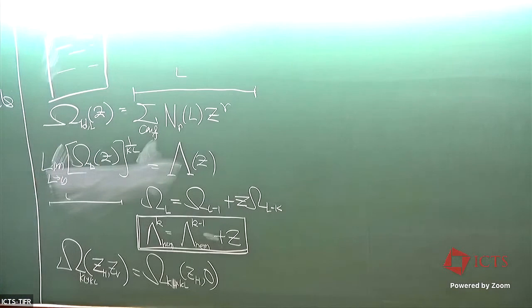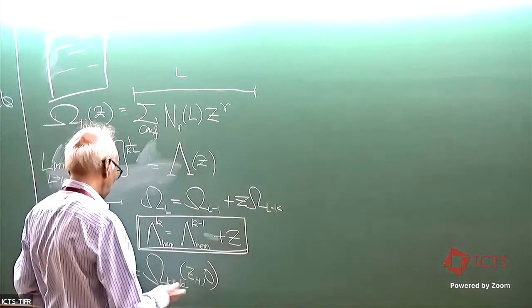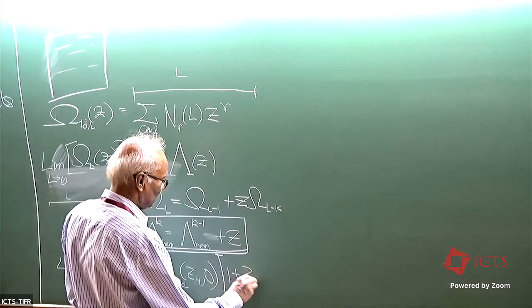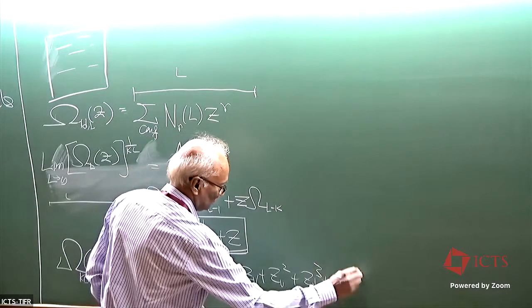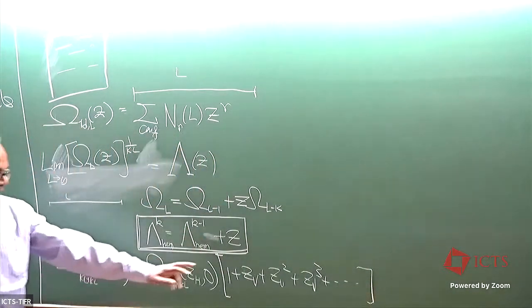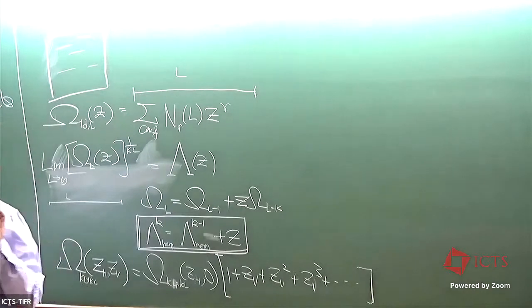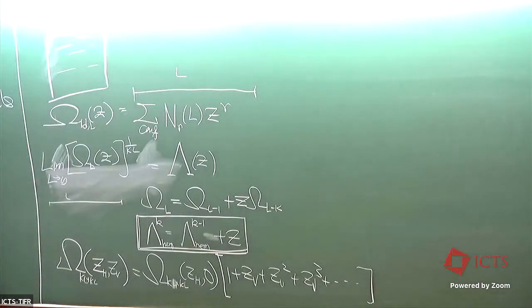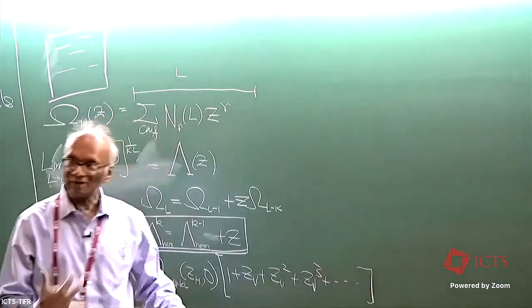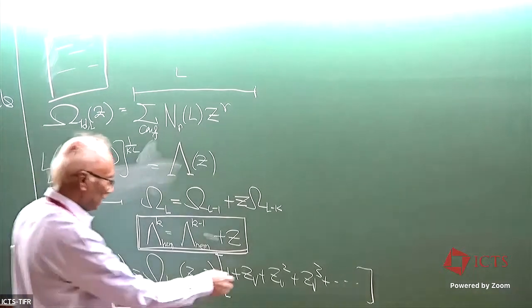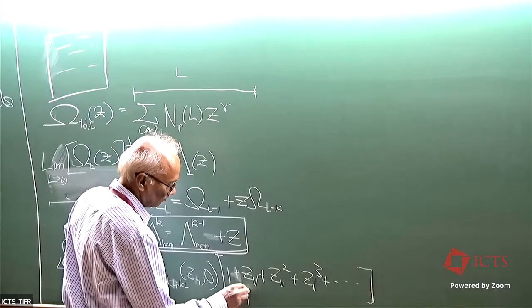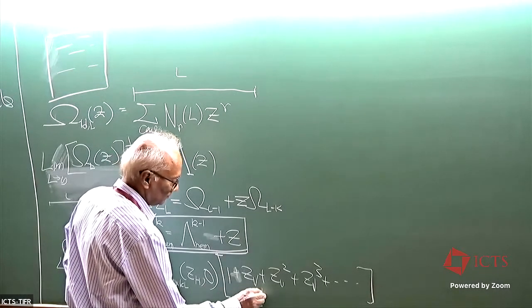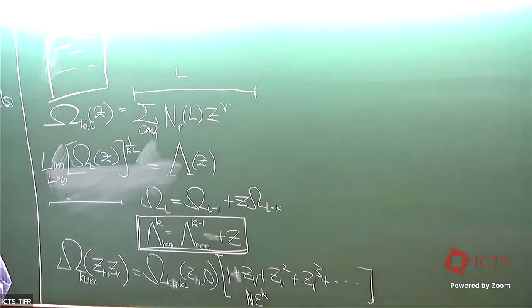Put z vertical equal to 0, then this is an easily calculated quantity, and I would like to write this as 1 plus zV plus zV squared plus zV cubed, an expansion like that. And the coefficient of all these terms you have to evaluate by counting the number of ways you can put in one vertical rod, two rods, three rods. It's an easy calculation, order by order. It's a standard perturbation theory. And what I find is the coefficient of zV is the number of sites multiplied by epsilon to the power k, where epsilon is the density of holes.